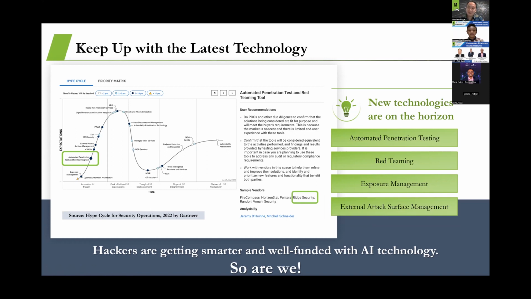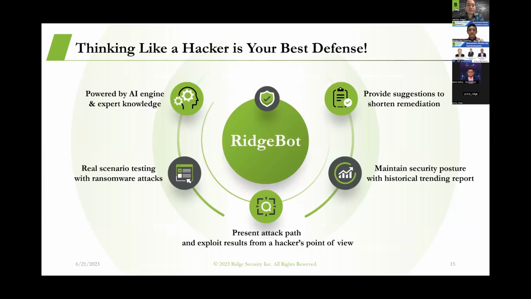We call them APT. The attackers, the adversaries, are very advanced and persistent. So we need to equip ourselves to leverage AI and security automation so that pen testing is no longer done only once or twice a year based on compliance, but can now be done on demand as and when you need it.